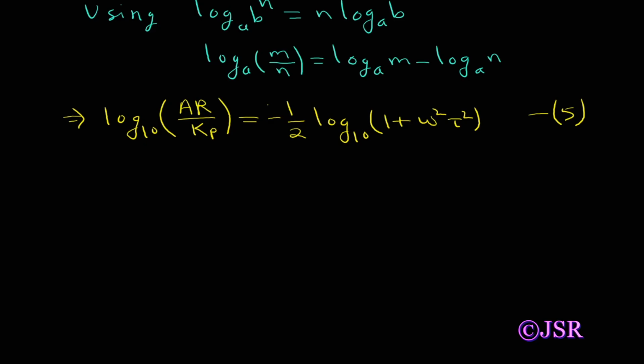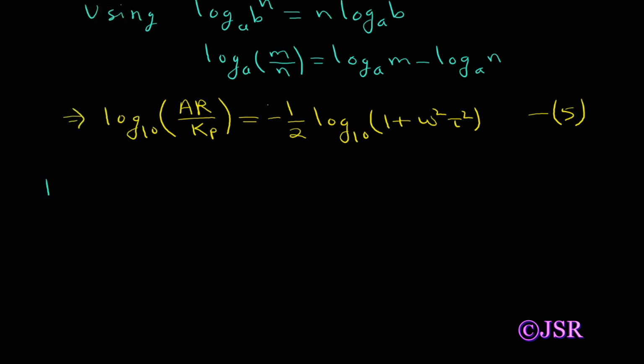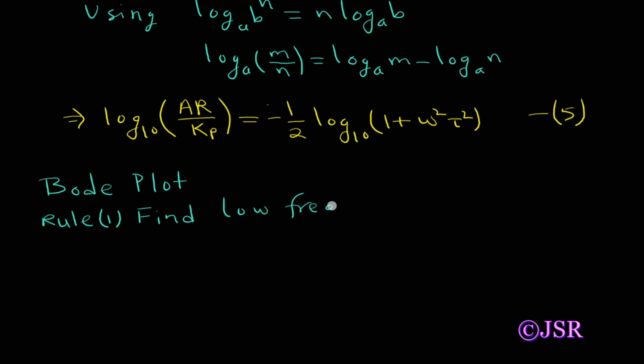So the rule number 1: to plot the Bode plot, we will use certain rules, and that is rule number 1, find the low frequency asymptote.